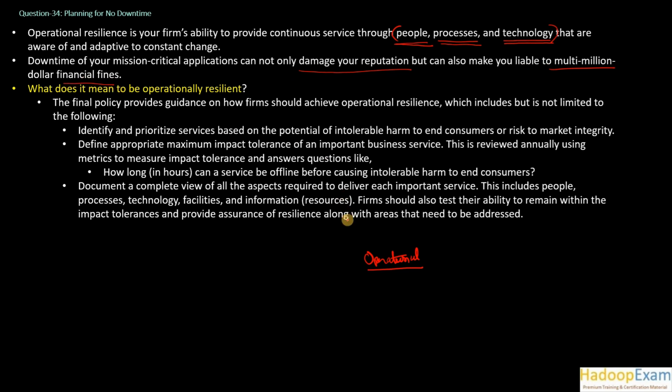So what does it mean to be operationally resilient? Let's cover this. The final policy provides guidance on how firms should achieve operational resiliency, which includes but is not limited to the following. Identify and prioritize services based on the potential of intolerable harm to end consumers or risk to market integrity.